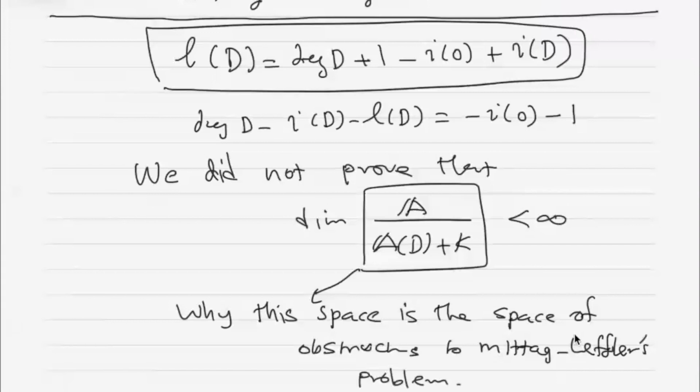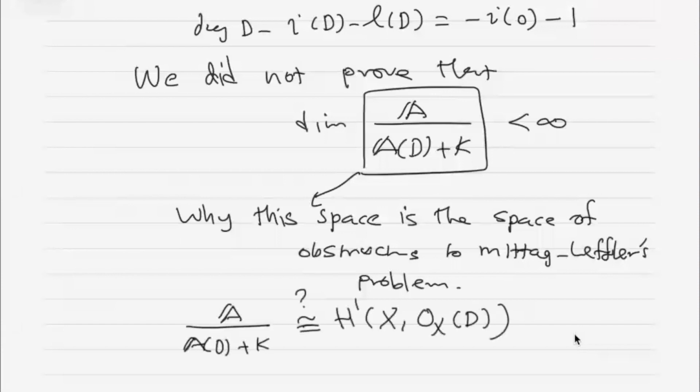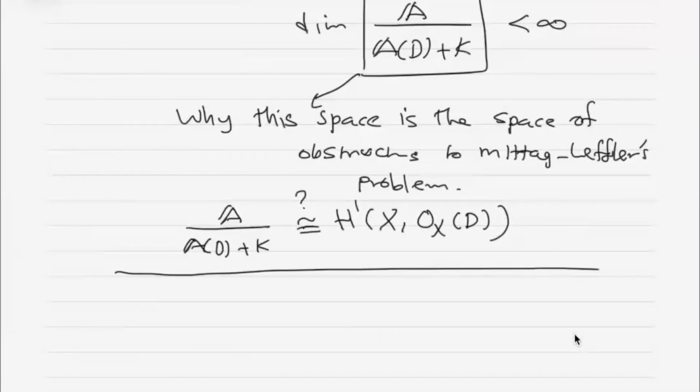Another thing that you should think about, for those of you who know sheaf cohomology, is why this space is isomorphic to the H1 of X with O_X of D. Now, I want to try to tell you why, up to here, nothing about holomorphic one forms or meromorphic one forms appear.